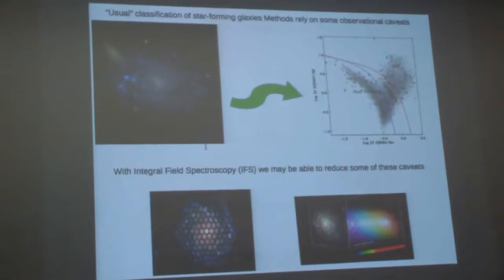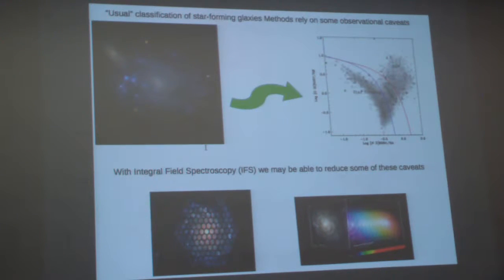We can say that maybe these high variations in the values for the slope and the zero point may come from observational bias. For example, many of the studies of this star formation main sequence relation use single fiber spectroscopy, which is a central fiber placed, for example, at the center of the galaxy, and that spectroscopy is used in order to classify the origin of the ionization of the gas.